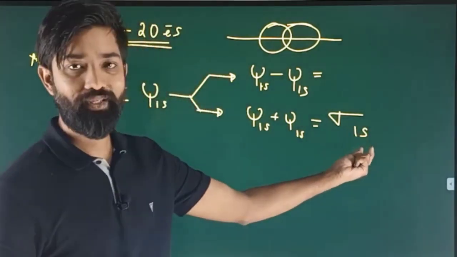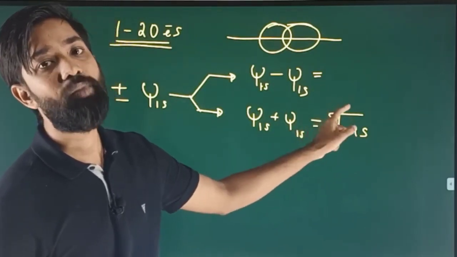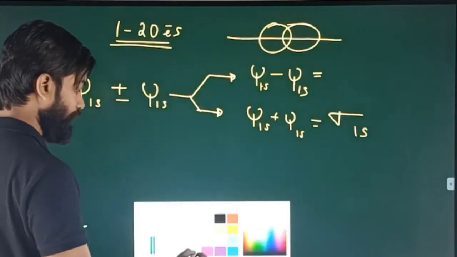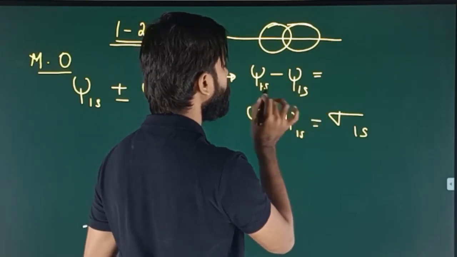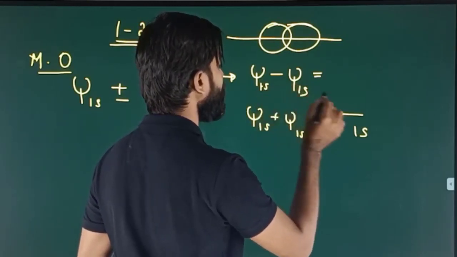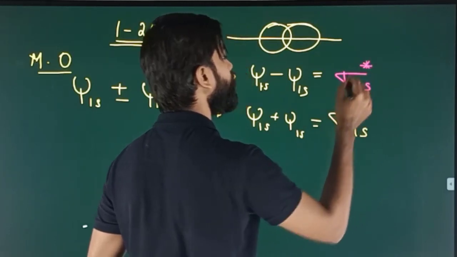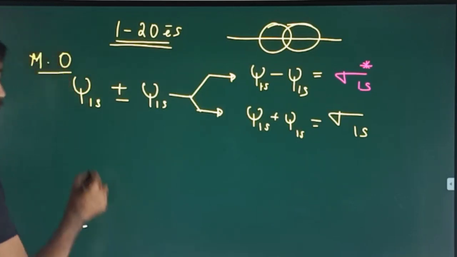Now you know, 1s stands for the molecular orbital from the combination of 1s orbitals, and sigma simply represents the combination along the internuclear axis. If this is the antibonding molecular orbital from 1s and 1s, then it is also 1s, but the antibonding molecular orbitals are usually represented by a star on the top.